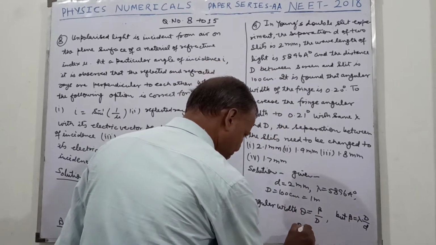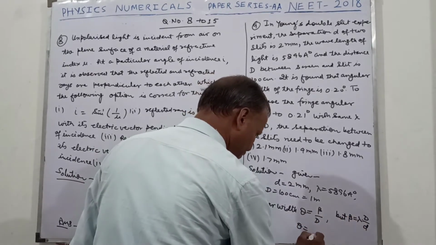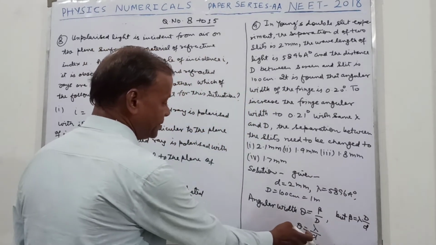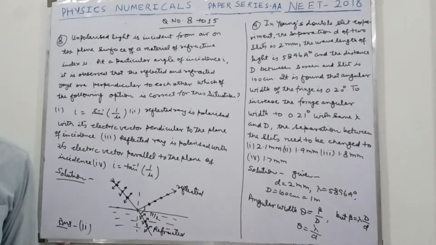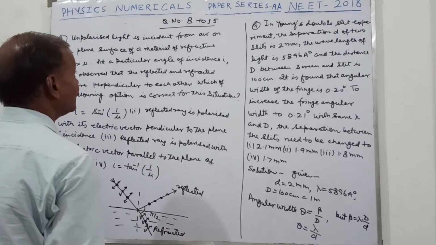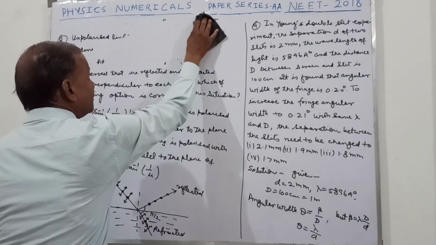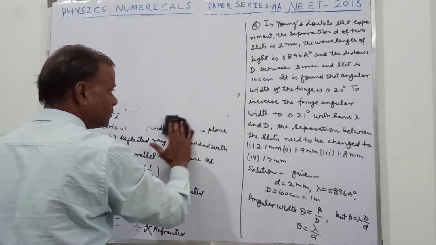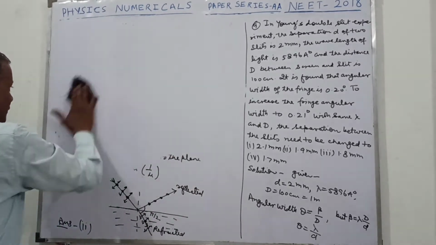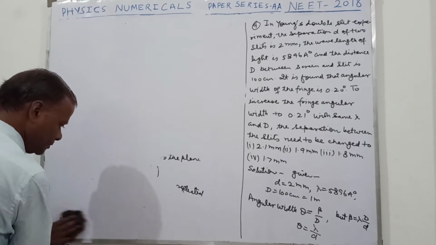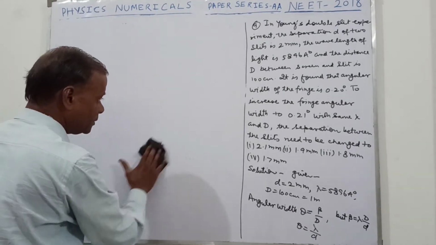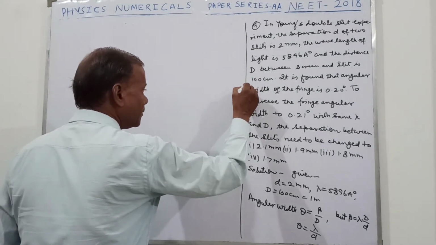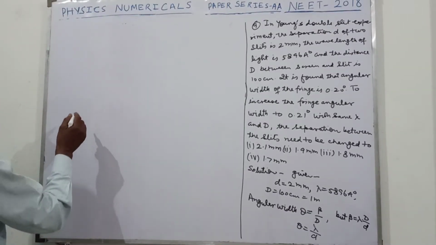So theta equals lambda upon d, because we have to find the separation small d.